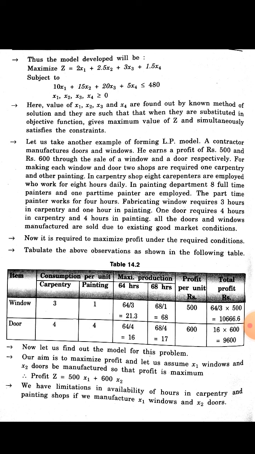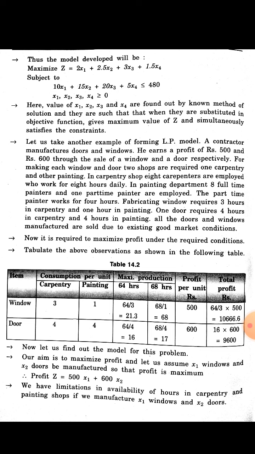Then the consumption per unit, carpentry and painting. These are the two things given. See the above paragraph: fabricating the window requires 3 hours in carpentry and 1 hour in painting, and a door requires 4 hours in carpentry and 4 hours in painting.